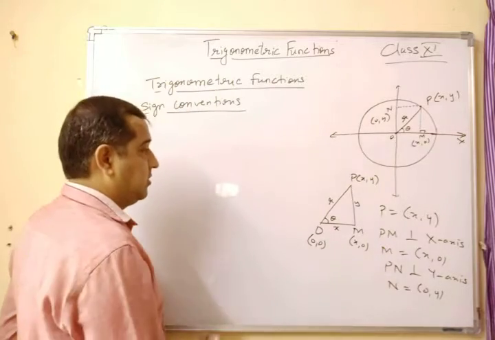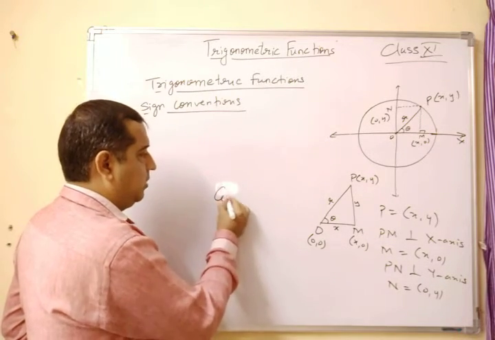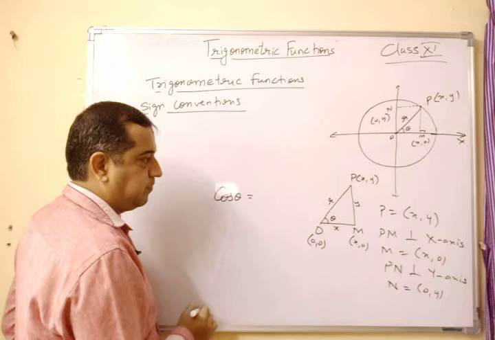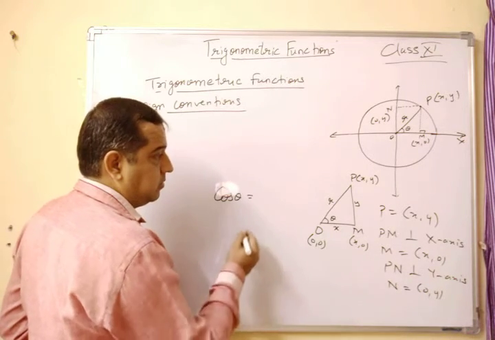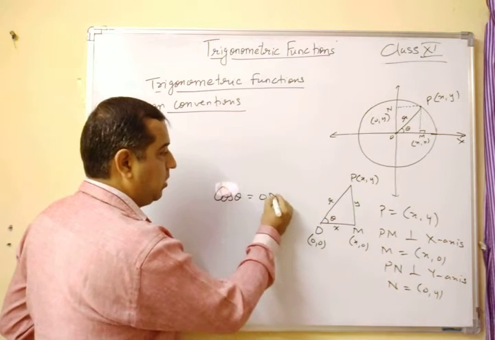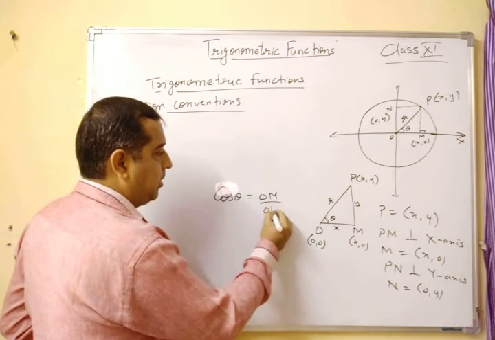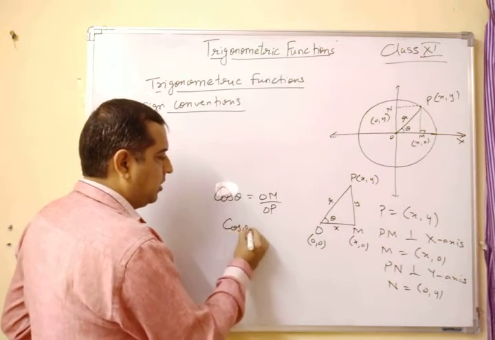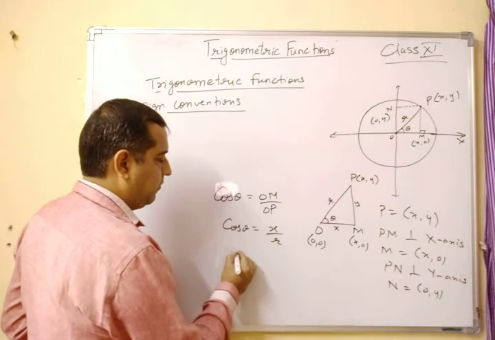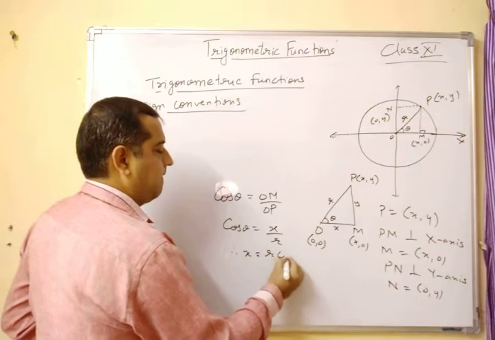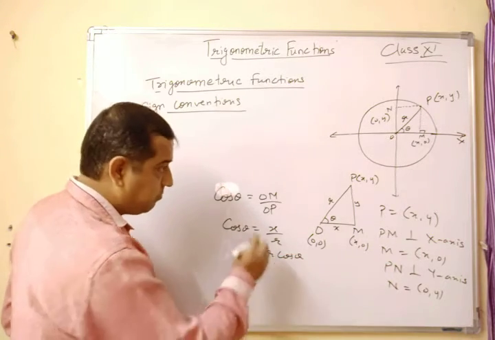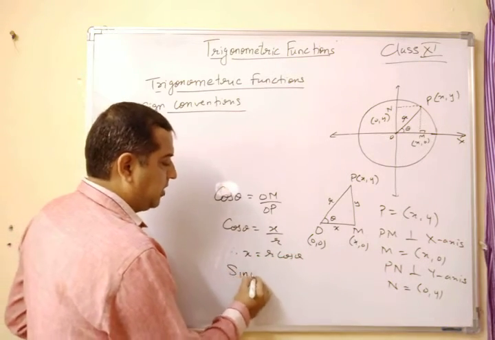By this, from the diagram, what will be cos theta? Cos theta is adjacent upon hypotenuse, meaning OM upon OP. This gives cos theta equals x upon r, and therefore x is equal to r cos theta. Similarly, what will be sin theta?